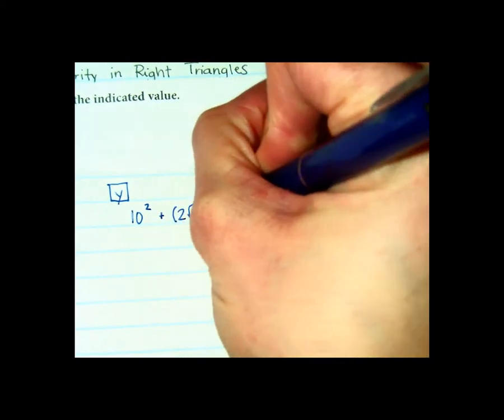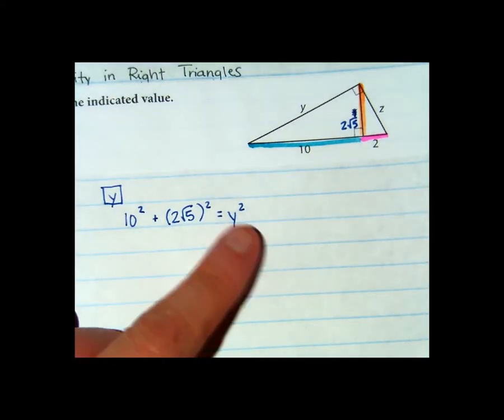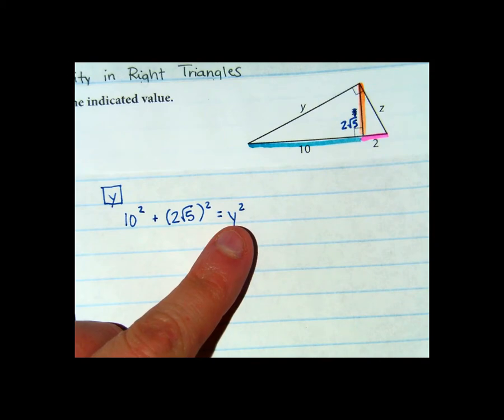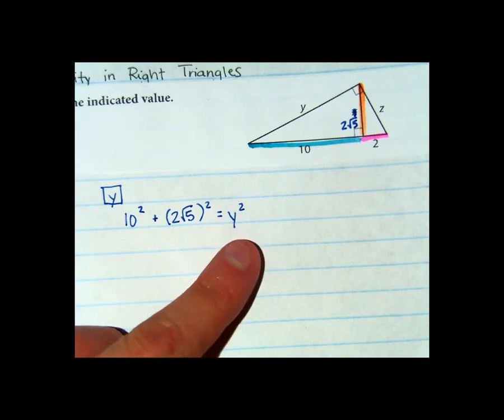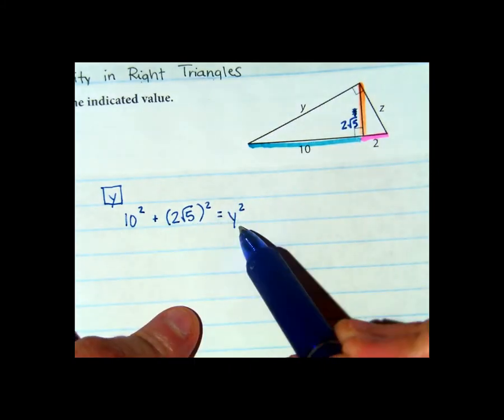So what are you using? That's the Pythagorean theorem. How come it equals y squared and not something else? Y is the hypotenuse, so that's C, A, B, C.